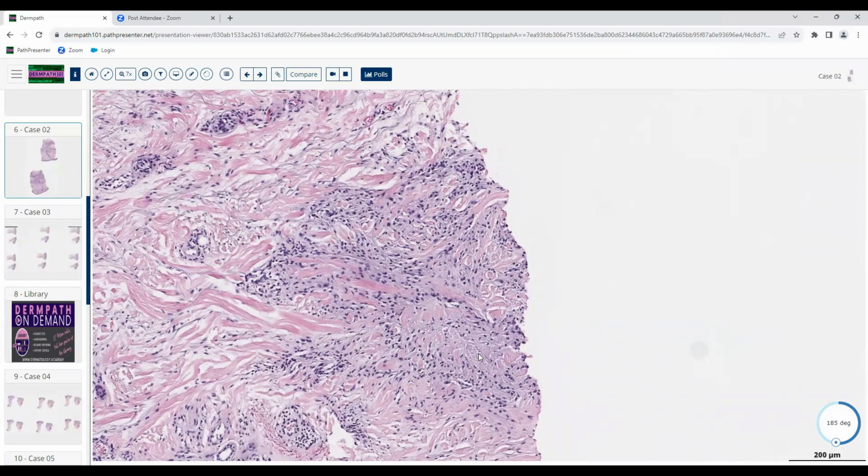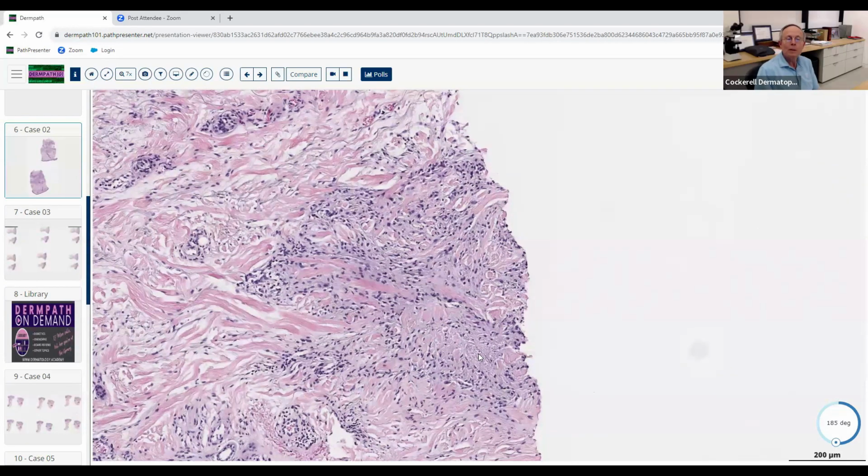You think about a neutrophilic one? Well, there is a type of interstitial granulomatous dermatitis with neutrophils associated with connective tissue disease. That's not one of the three major ones, but it is one that you ultimately need to know.